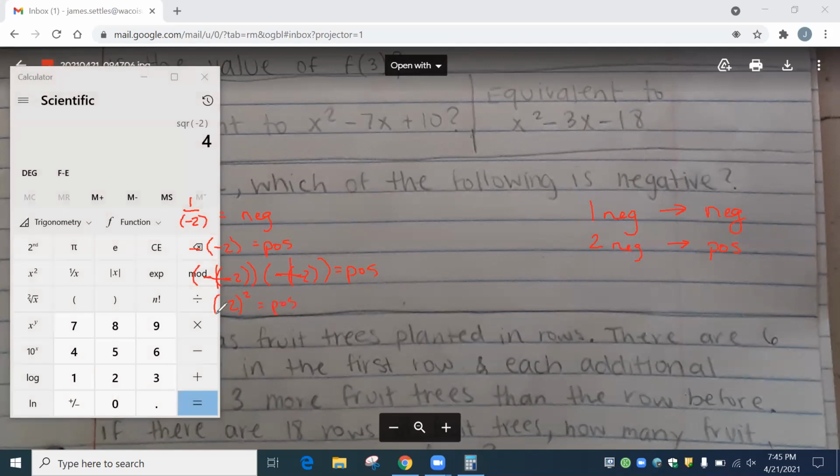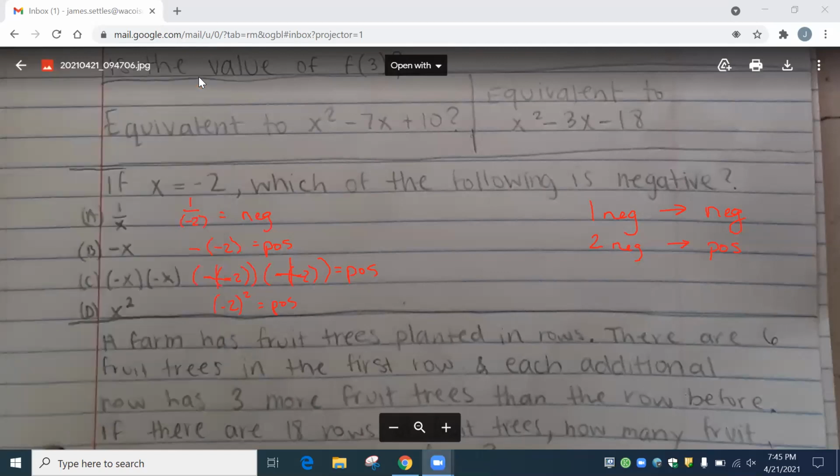So it's a positive number. And that's our answer. But let me go back and show you what happens when you don't put parentheses. So I'm not going to put parentheses now. Let me clear this out real quick. All right, so I'm going to go 2 negative and then hit squared. Okay, so this thing put parentheses in automatically. Most calculators do not do that, or at least they're not supposed to do it.